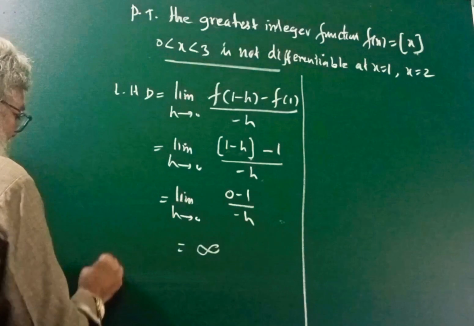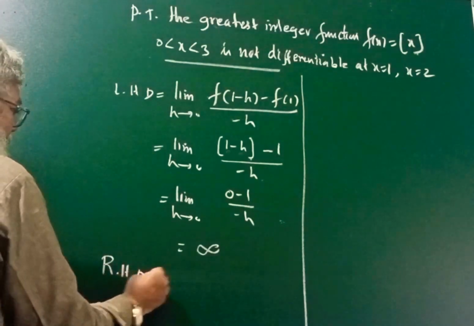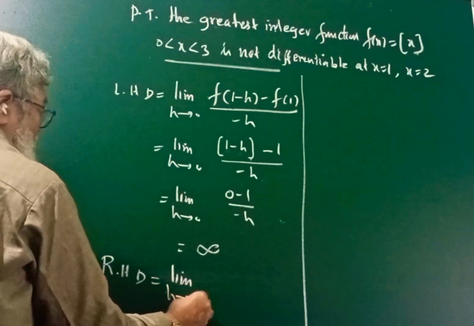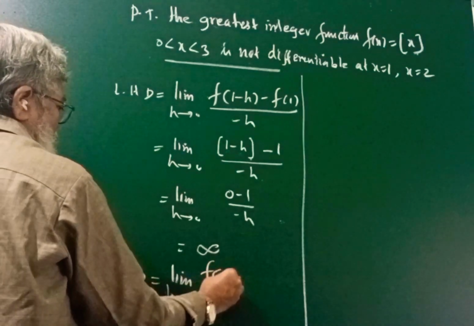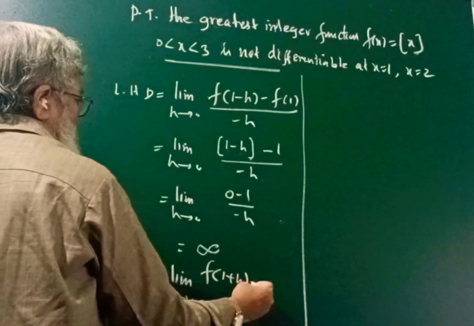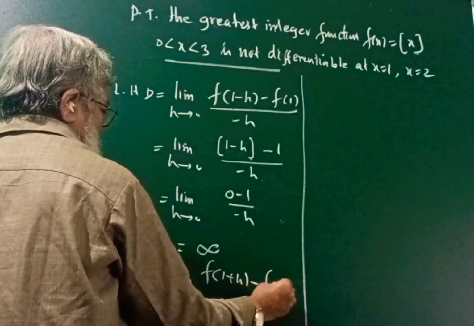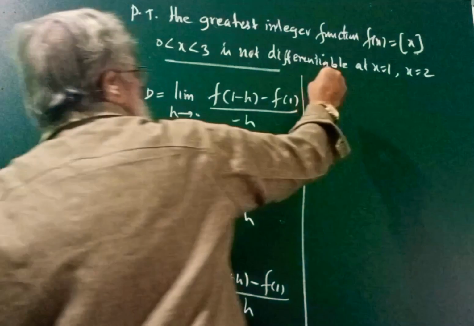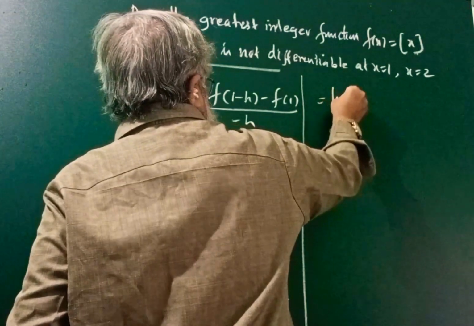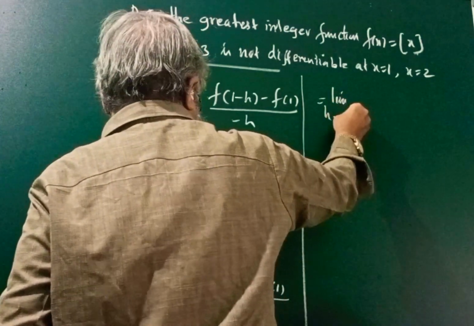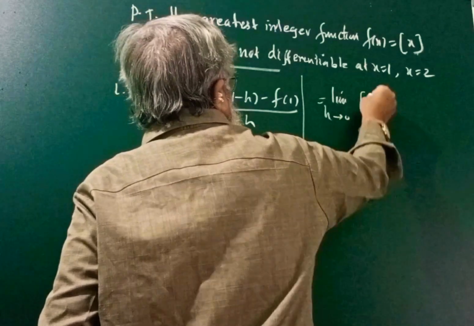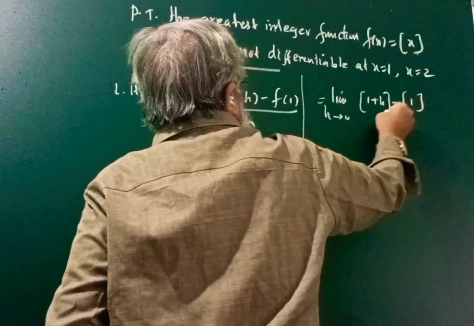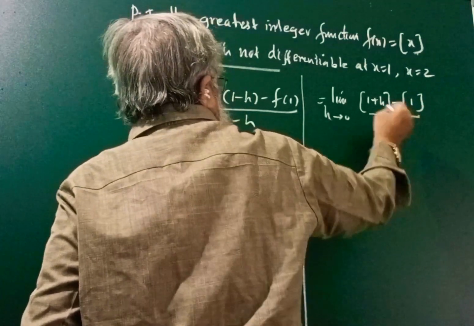Now what about the right hand derivative? Let us check. Right hand derivative is limit h tends to 0 of f of 1 plus h minus f of 1 divided by plus h.